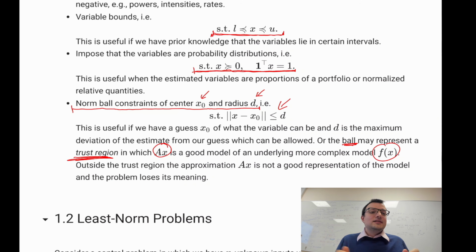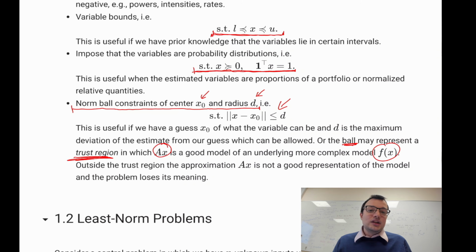So in the estimation problem, we were measuring y, and y is related linearly by a matrix A to some internal variables. But in general, the relation may be nonlinear. Nonlinear is difficult to deal with, so we want to linearize. We find this matrix A, which is a linearization.